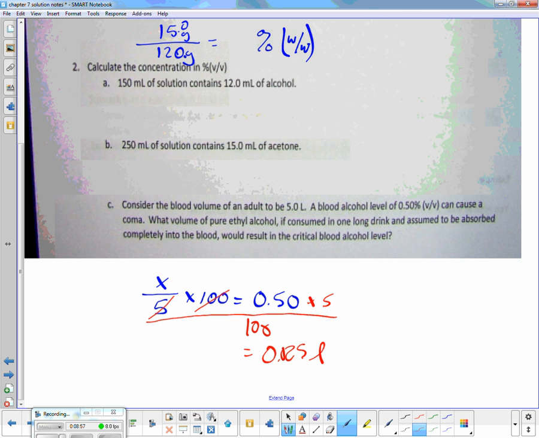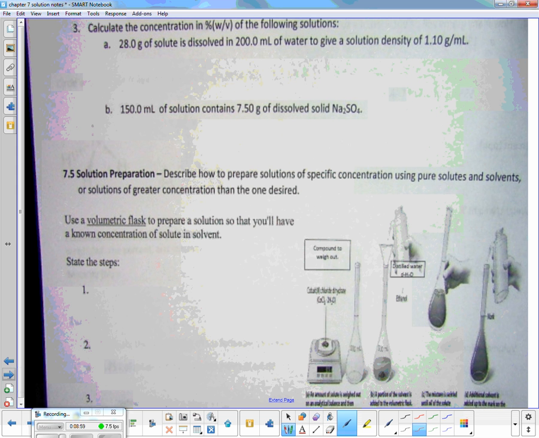Okay, all right, so next we calculate the concentration, weight to volume. Same thing, okay? Just remember that the total needs to be on the bottom.